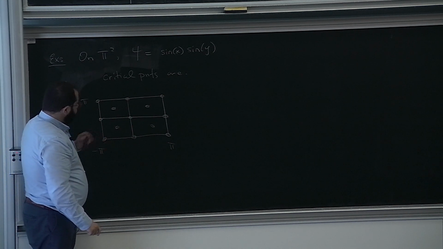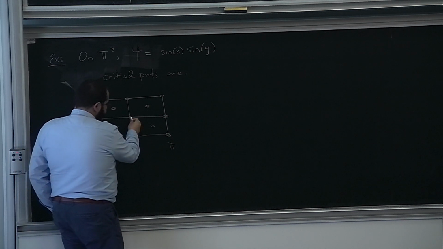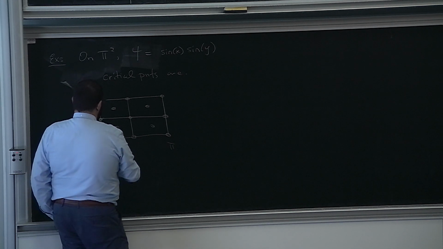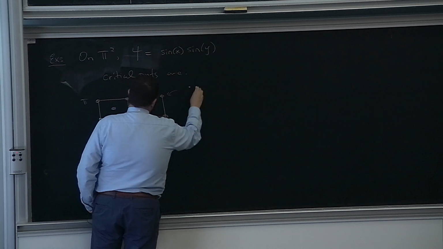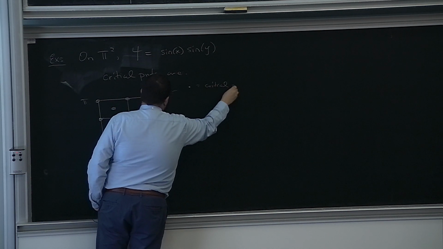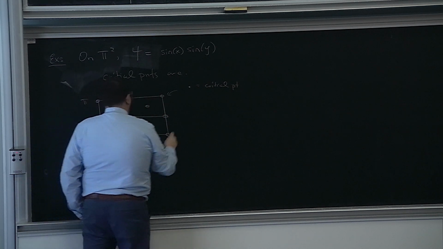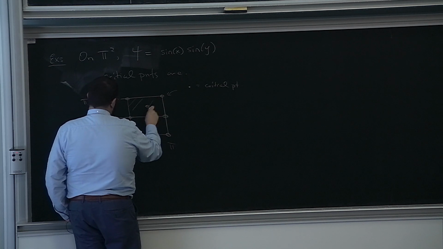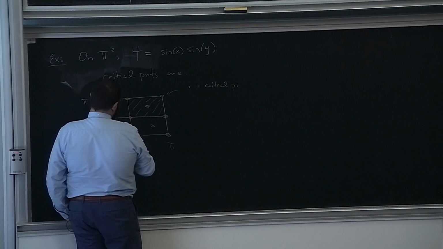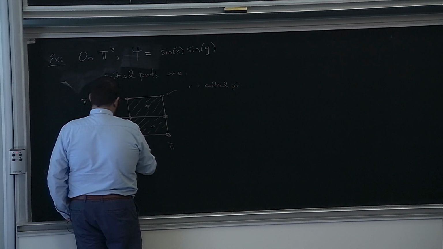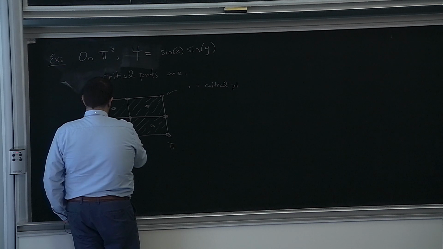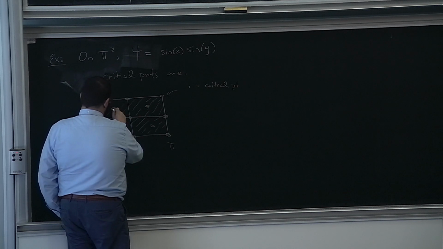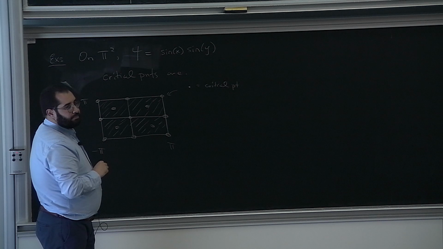So all of these points are the critical points. And the regular points are everything in the interior of these squares, not including the boundary. So the boundary are not regular points, and these dots are also not regular points. Okay? Does that make sense?